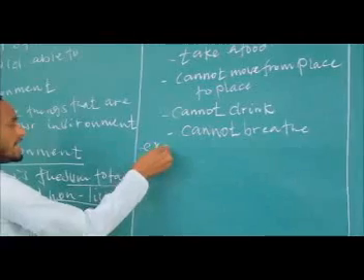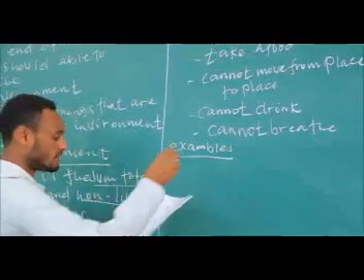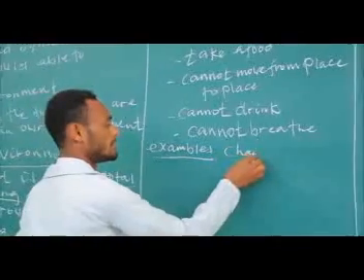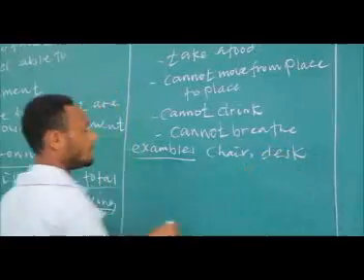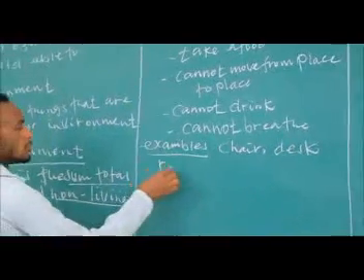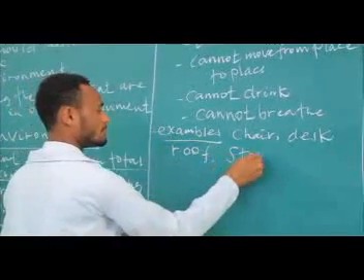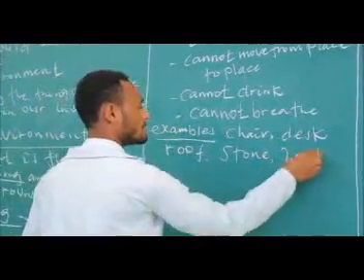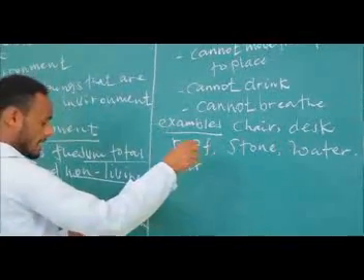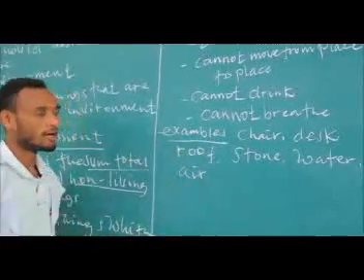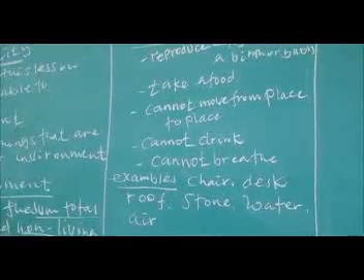What are non-living things? For example, chairs, desks, roofs, a stone, water, air, and these are all grouped under non-living objects.